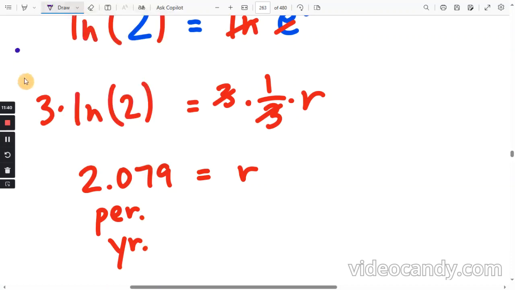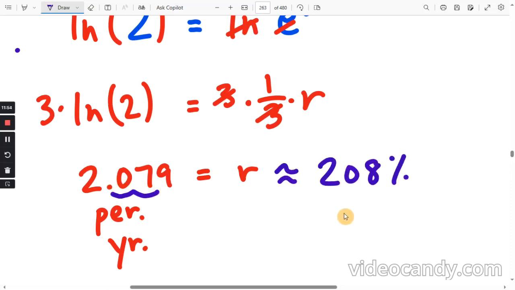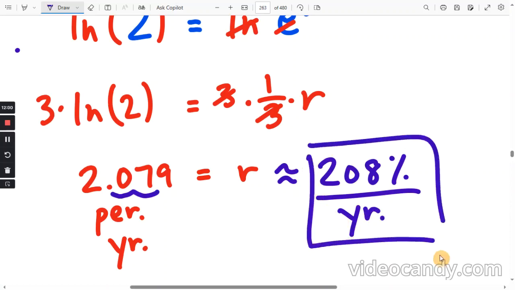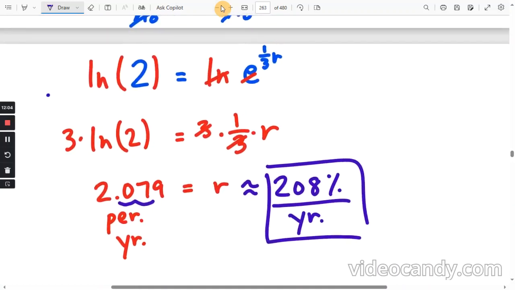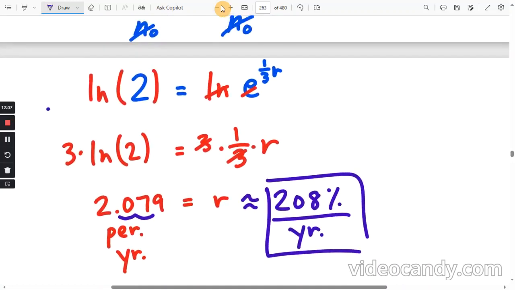Now, converting to percentage, 2 units. All right, that's 207.9. I'm just going to make it 208. So that's 208% per year. All right, so that's how fast the population is growing. 208% per year.